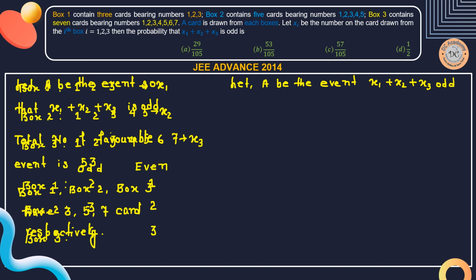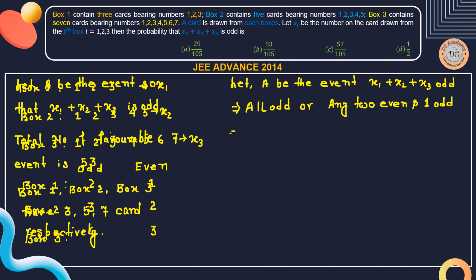The sum will be odd only when all three cards are odd, or any two cards are even and one card is odd. So these are the possibilities.